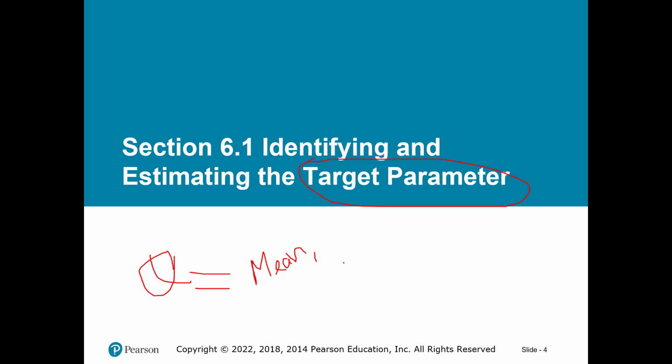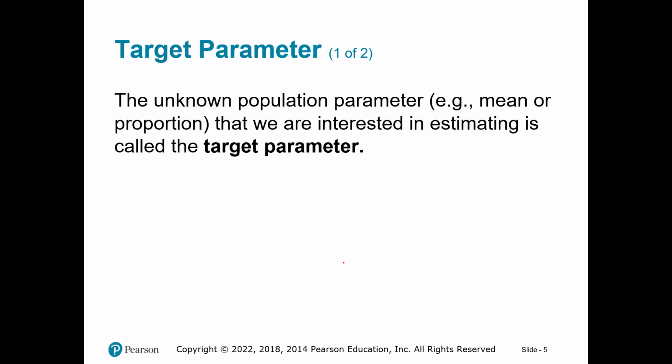So that is what we want to know. The target parameter is the unknown population parameter, meaning the mean or proportion, the median, standard deviation, that we are interested in estimating. It is called the target parameter.